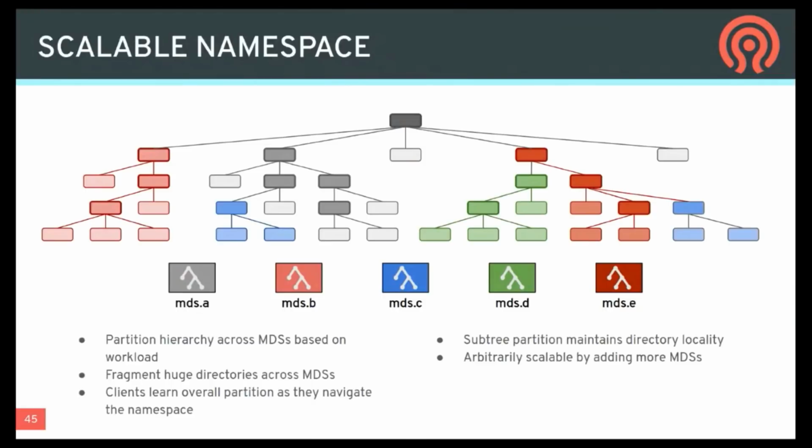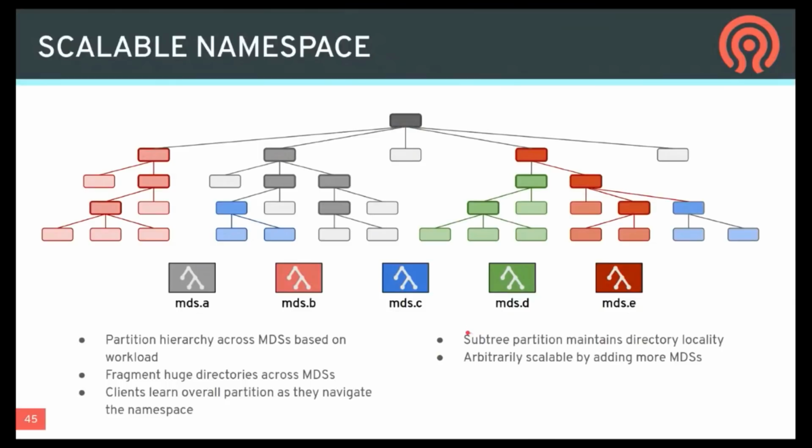And at that point, the metadata cluster might dynamically take a subtree of it and pass responsibility for that subtree off to a different metadata server, shipping that metadata to another metadata server's cache in a coordinated way so that somebody else is responsible for managing all the updates there. The clients, as they're traversing the file system, dynamically explore the file space. They'll learn that this particular part of the namespace is mapped to a different metadata server, so they learn this partition as they explore the file system namespace.